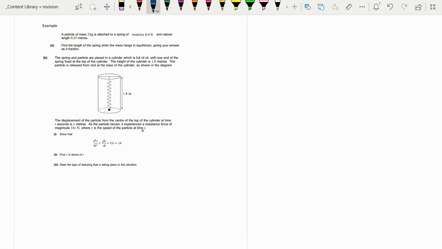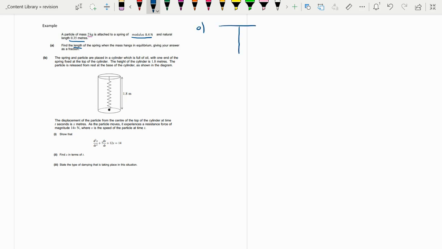A particle of mass 2 kilograms is attached to a spring of modulus 8.4 and natural length 0.35. Find the length of the spring when the mass hangs in equilibrium. Give your answer as a fraction. So it's in equilibrium.